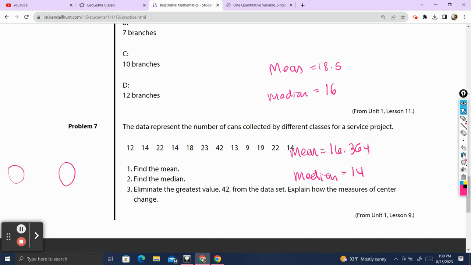Explain how the measures of center changed. So originally our mean was 18.5 and our median was 16. When we took away the 42, our mean shifted down a little more than 2 points, and our median shifted down about 2 points as well. So the measures of center changed by becoming less when we took out the 42.